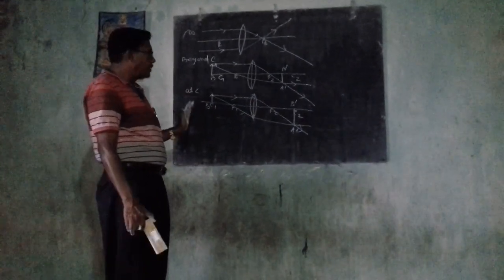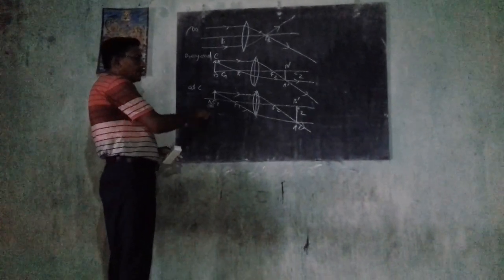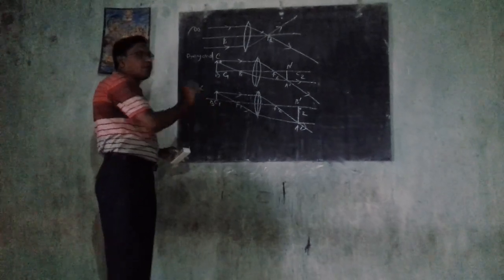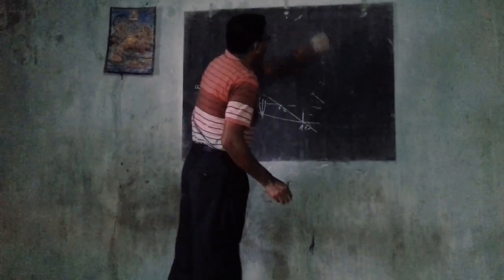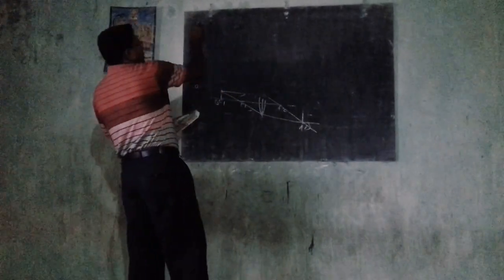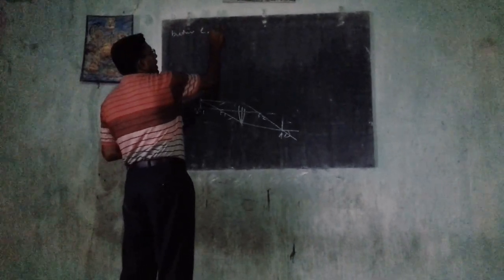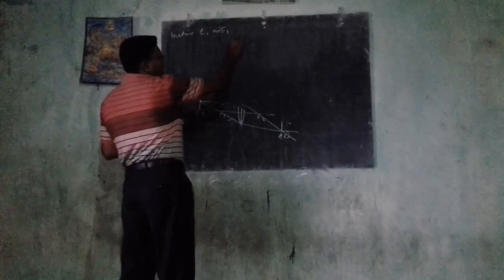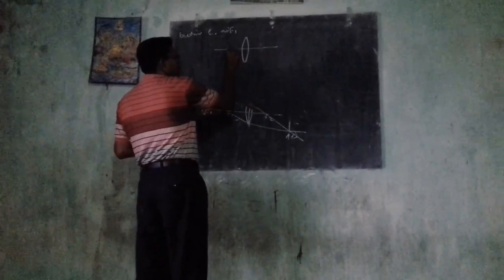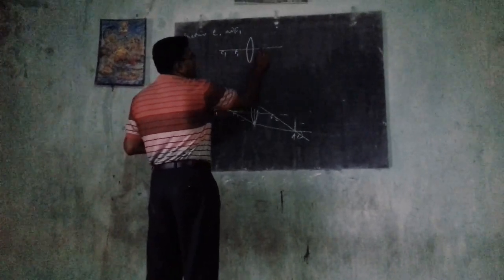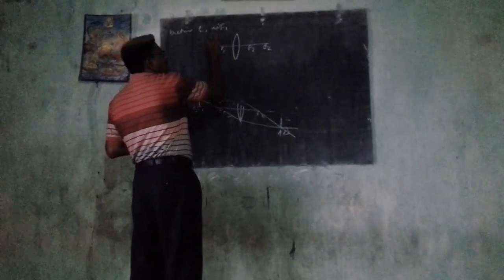This type, when we take an object in between the center of curvature and focus, C1 and F1. Now here is our lens, here is the focus, the center of curvature, here is the focus, the center of curvature. In between here the object AB is present.